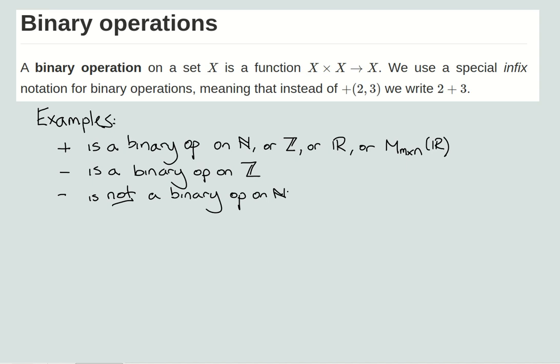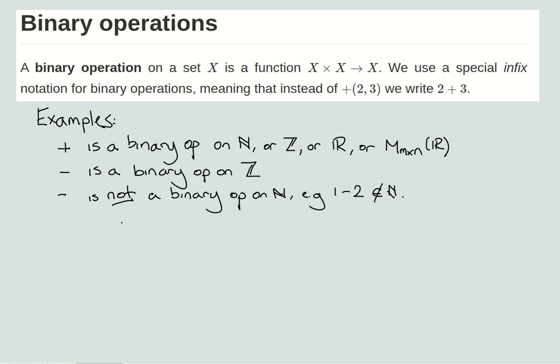The reason is that if you look at the definition of a binary operation, a binary operation on the natural numbers has to take a pair of natural numbers as input and give you another natural number as output. But if you subtract two natural numbers, you don't necessarily get another natural number. For example, if I take 1 minus 2, whatever that is, it is not a natural number.